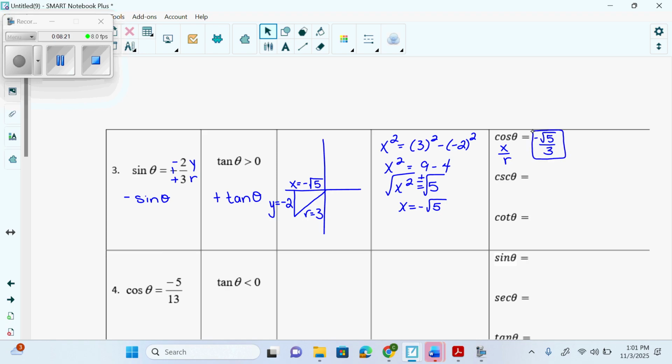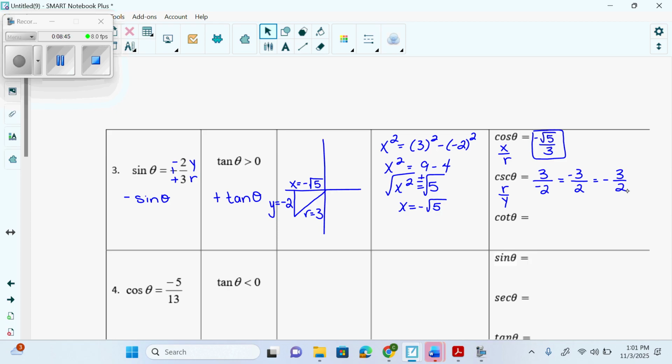Cosecant goes with sine. Sine is sign your resume. So this is resume your. So I'm going to get 3 over negative 2, which I can write like this, I can write like this, or I can write like that. They're all the same, as long as there's only one negative sign, right? Because those would all give me negative 1.5.